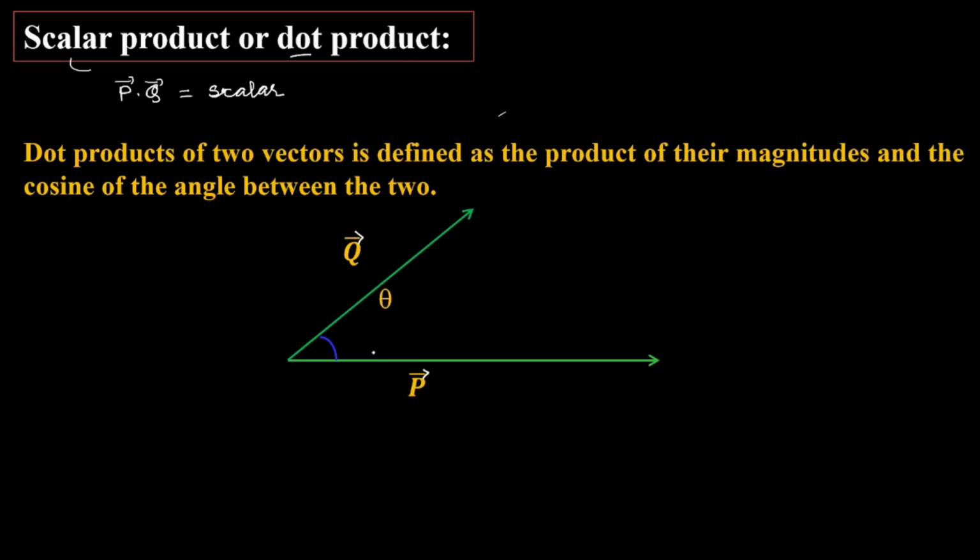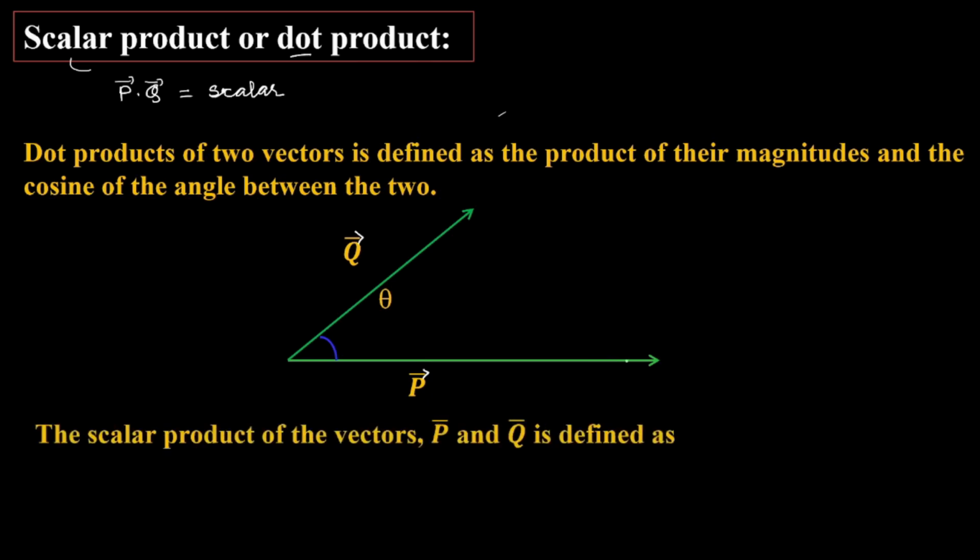The scalar product of these two vectors is defined like this: p dot q equals the magnitude of vector p, times the magnitude of vector q, times cos of the angle between the vectors, that is, this angle theta.